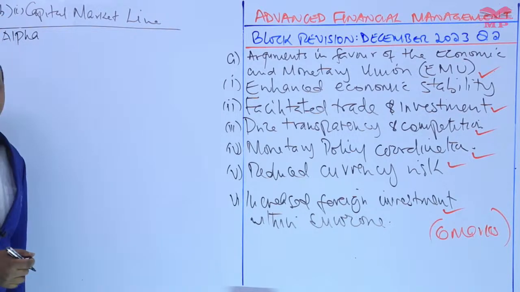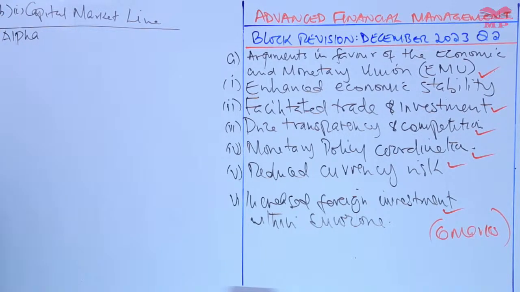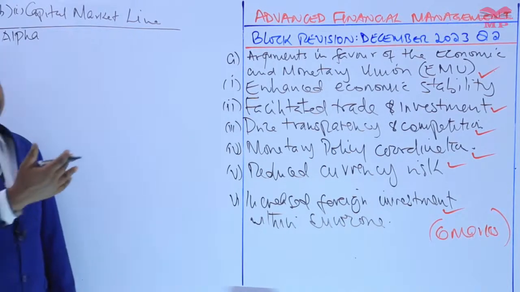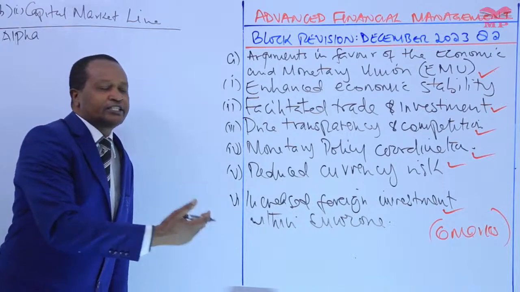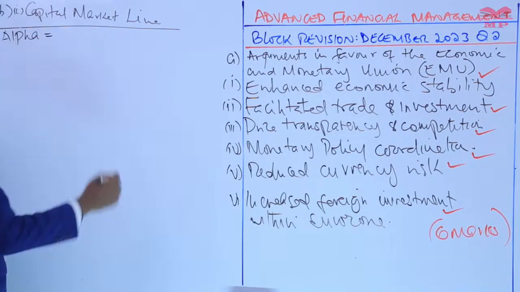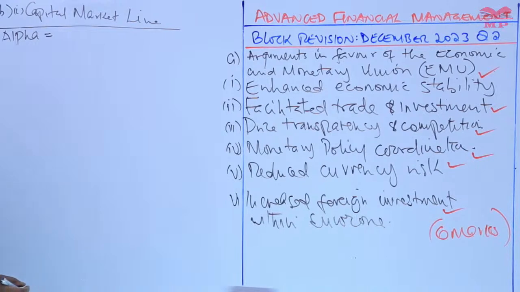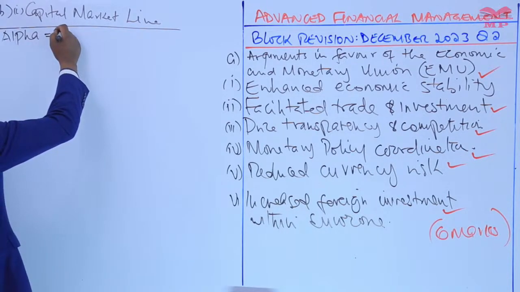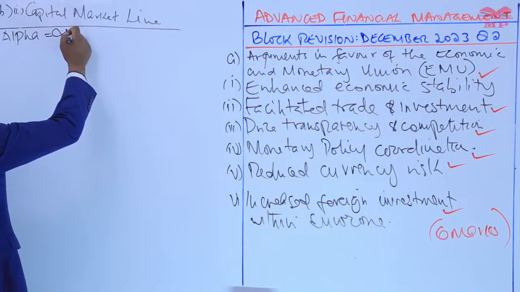All right? Alpha. Now, candidates, alpha represents the additional return earned by a portfolio beyond what would be expected given its level of risk as measured by beta. And alpha, candidates, is calculated as, this is the symbol for alpha.